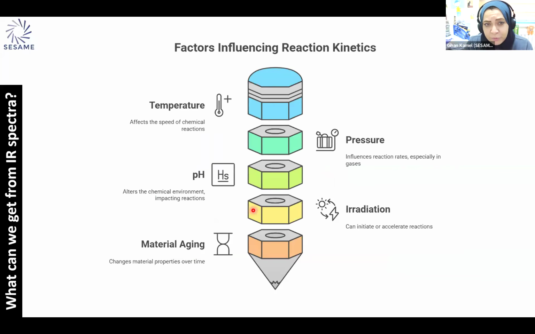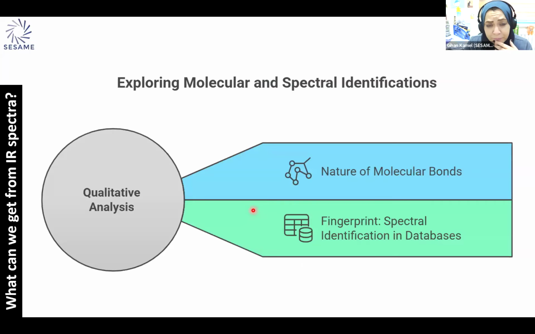When it comes to different factors influencing the reaction kinetics of any sample, we can also get information about the temperature effect, the pH, material aging, and also pressure, how it is influencing the reaction rates, especially in gases. I will be touching this later, and also the effect of irradiation on samples.